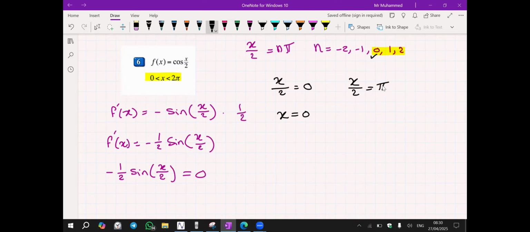So multiply both sides by 2, x is equal to 2 pi. And if I put 2 in place of n, I'm going to have x over 2 equal to 2 pi. Multiply both sides by 2, x is equal to 4 pi. Now, if we look at these values, this one is not in the interval. This is not in the interval of 0 to 2 pi.